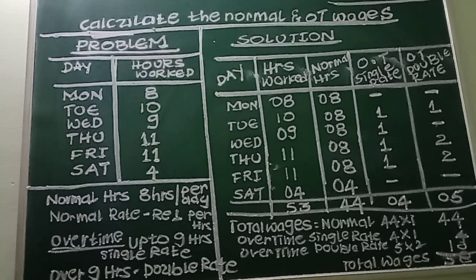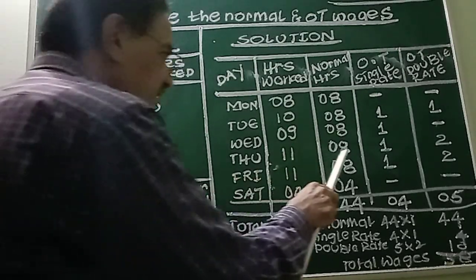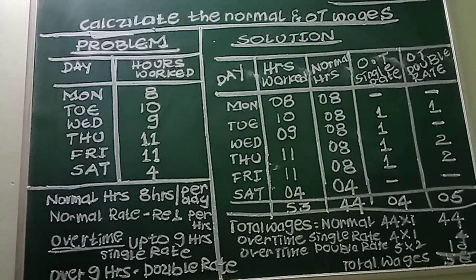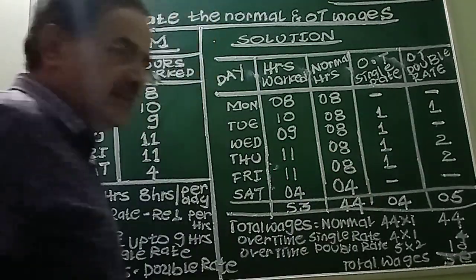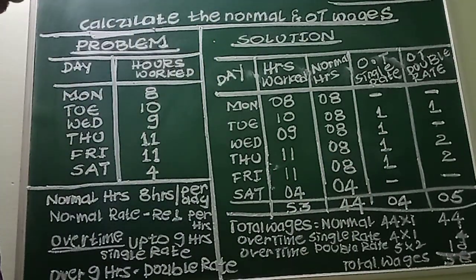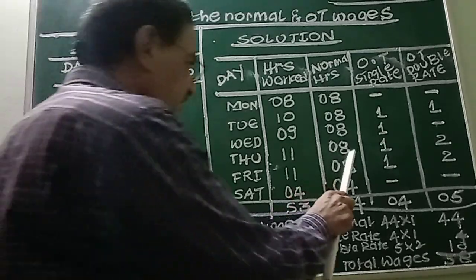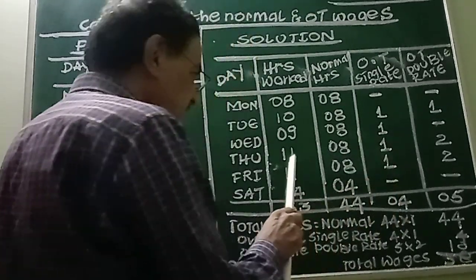On Thursday, he has worked for 11 hours. So the normal hours is 8. Up to 9 hours he will be paid at a single rate. So 1 hour, 8 plus 1 is equal to 9. He will be paid at a single rate, whereas after 9, this is 11.